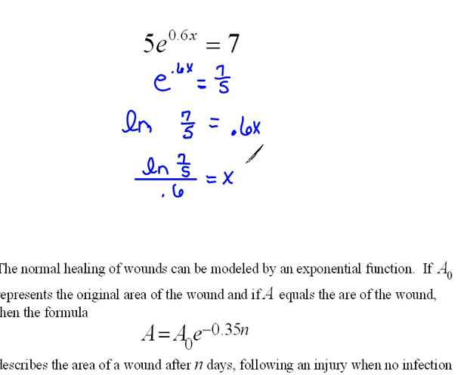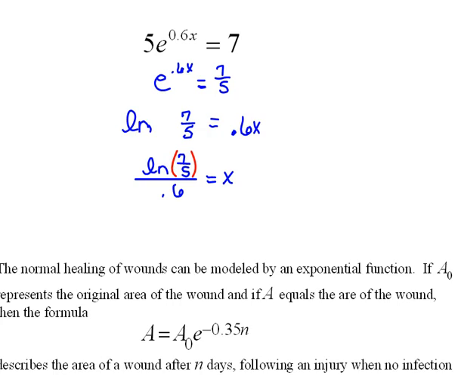Now if we want the decimal approximation, we need to put that in on our calculator and find the decimal approximation. Just be careful that whenever it puts in a parenthesis after the natural log, that you balance that out at the end of the argument. In this case, we don't have to put parentheses around the entire numerator because there's only one thing in the numerator.